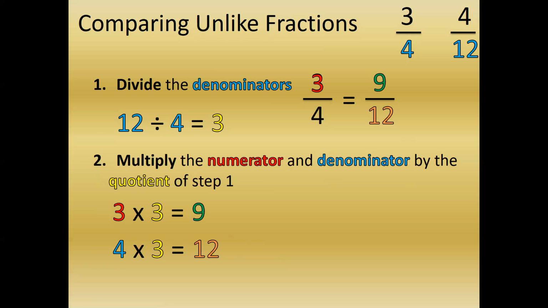Now we have to figure out which one is greater than, lesser than, or equal to the other. So 9 over 12 and 4 over 12. Our two denominators are the same, so we don't have to look at them. Is 9 greater than, less than, or equal to 4? It is greater than. So that means 3 over 4 is greater than 4 over 12.